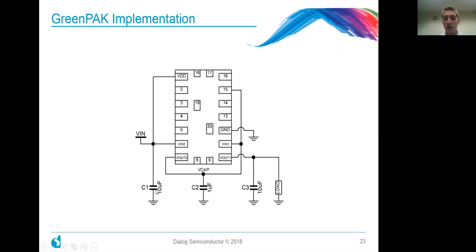So here we have 10 microfarad, 1 microfarad, 10 microfarad. So we're going to fill up this capacitor with charge until it reaches this analog comparator threshold here, which is on pin 15. And then it's going to switch back and forth the two FETs to toggle the transfer from either phase 1 being connected to the battery or phase 2 being connected to the load.